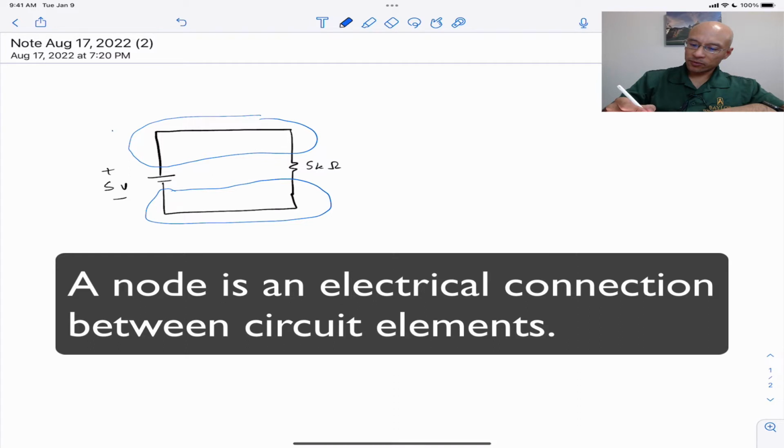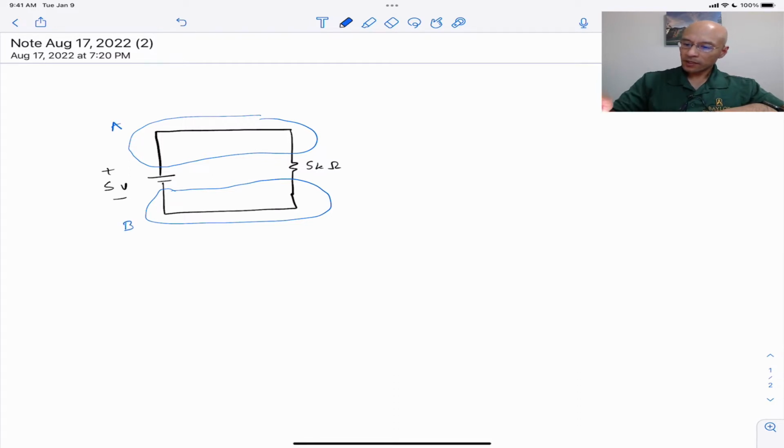So we'll label this one node A and node B. And we would recognize that this node, B, is 5 volts lower than A, which is a consequence of the voltage source that we put in here.